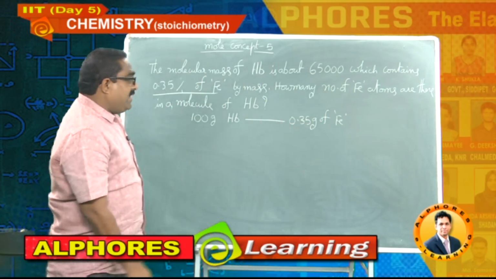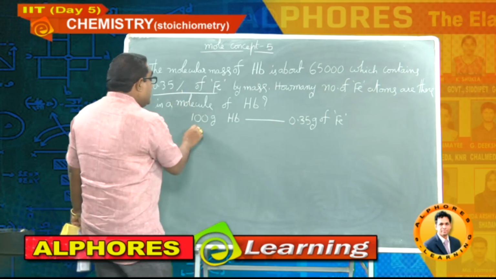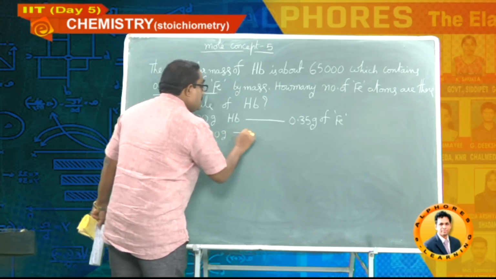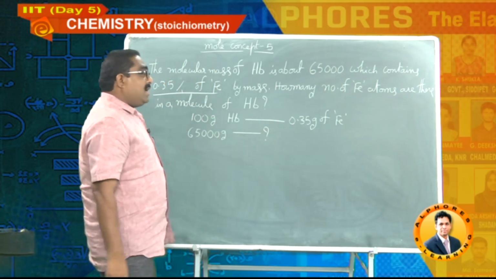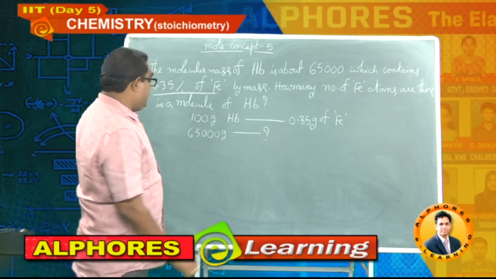That is the data given to us. But what is the molar mass of hemoglobin? 65,000 grams he has given. So out of that, how much is the mass of iron?